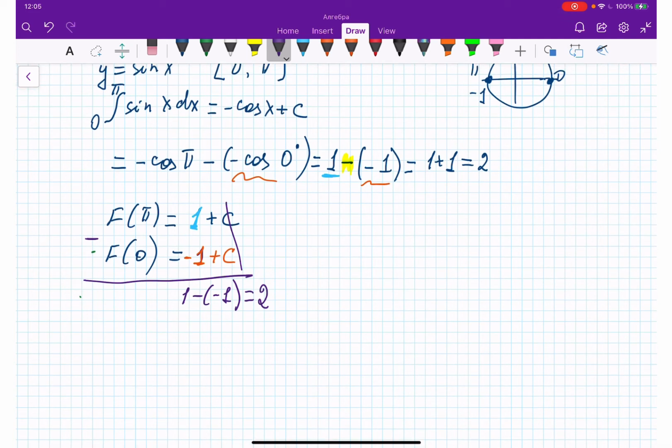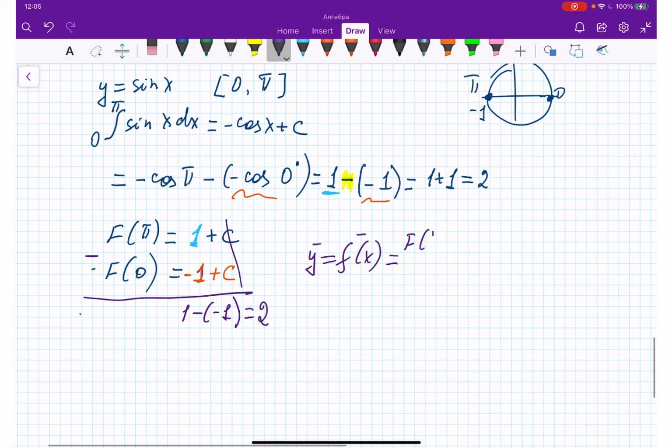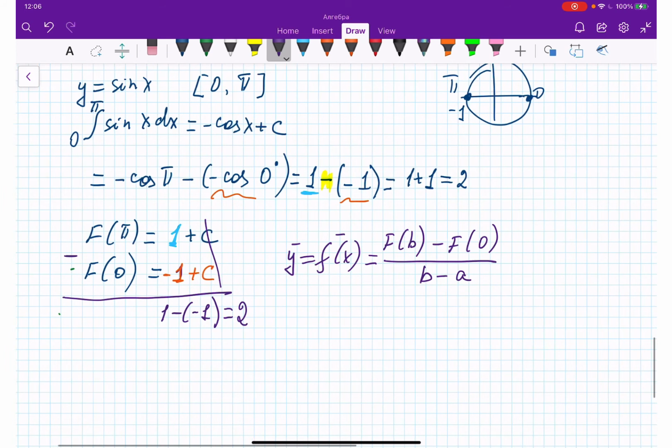Next, to find the average, what do we have to do? Finish it up. The average of f of x is equal antiderivative of b, which is pi, f of pi, minus antiderivative of 0, which we have f of 0, divided by b minus a, which we mentioned, it's going to be same thing, 1 over b minus a, integral from 0 to pi, f of x dx.